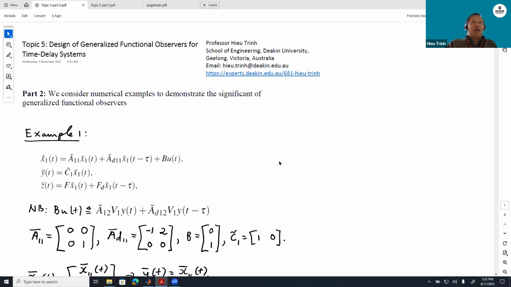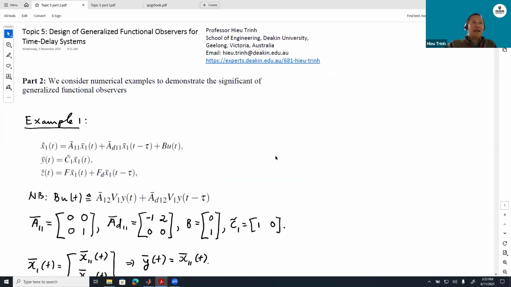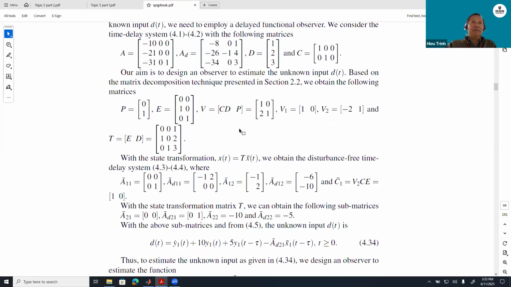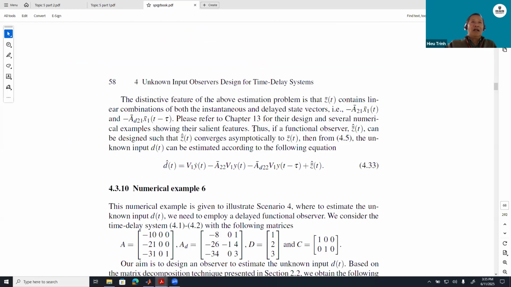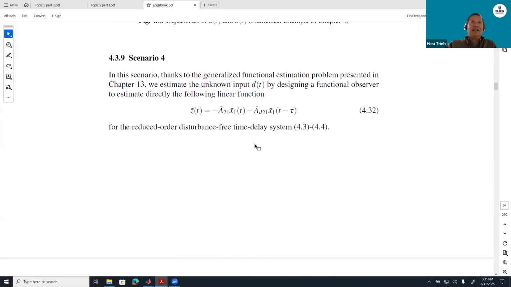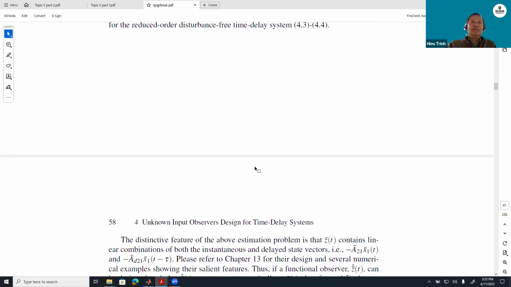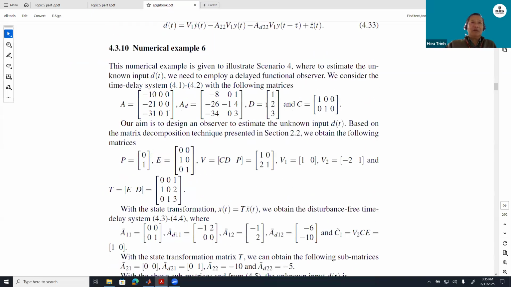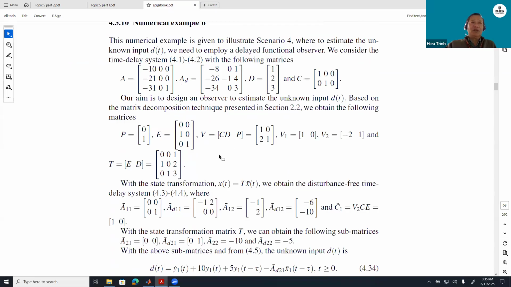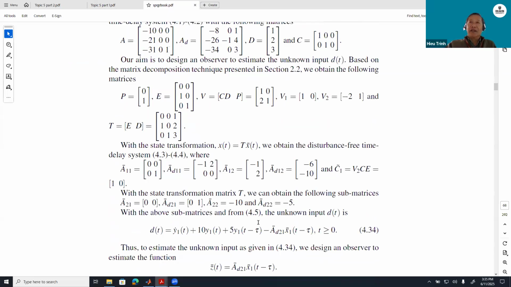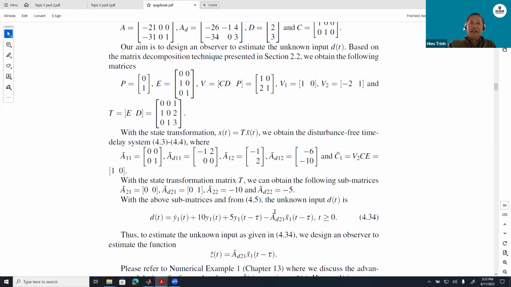What we want to do is take this numerical example, which was taken from chapter 4 for scenario 4. In this particular example, when we do the decomposition, we are required to estimate this delay stack variable directly.